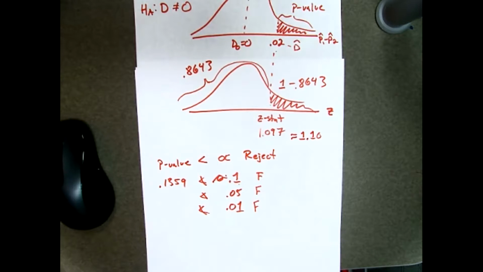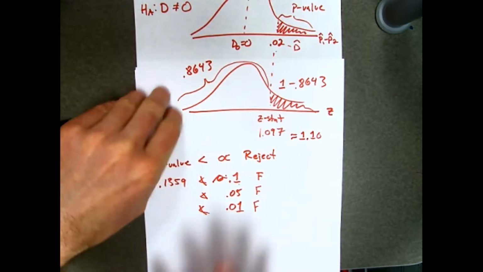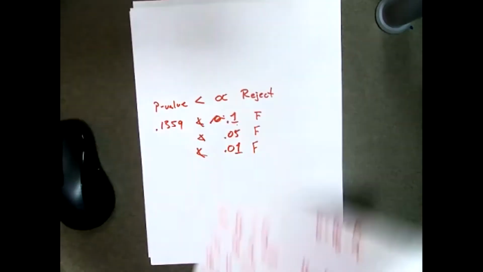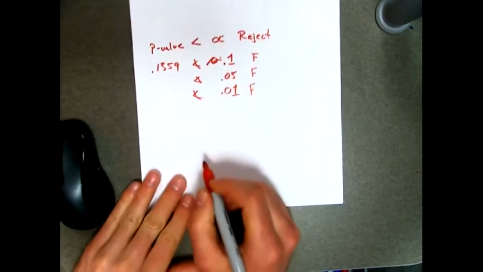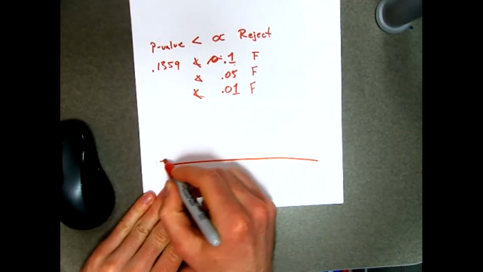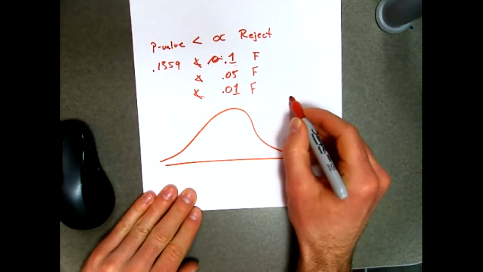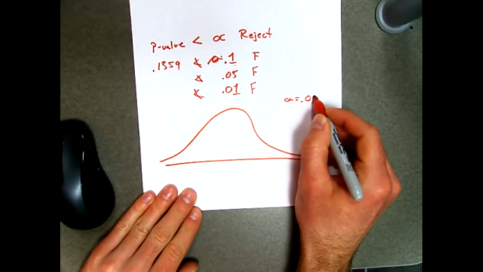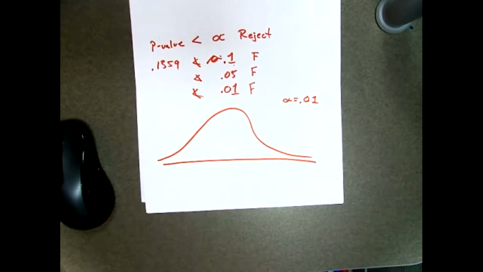Okay. So we've got our p-value rejection decision. What if I wanted to look at critical values? So here, I think on the slide, it says use the 99% level. So we're going to use an alpha of 0.01.